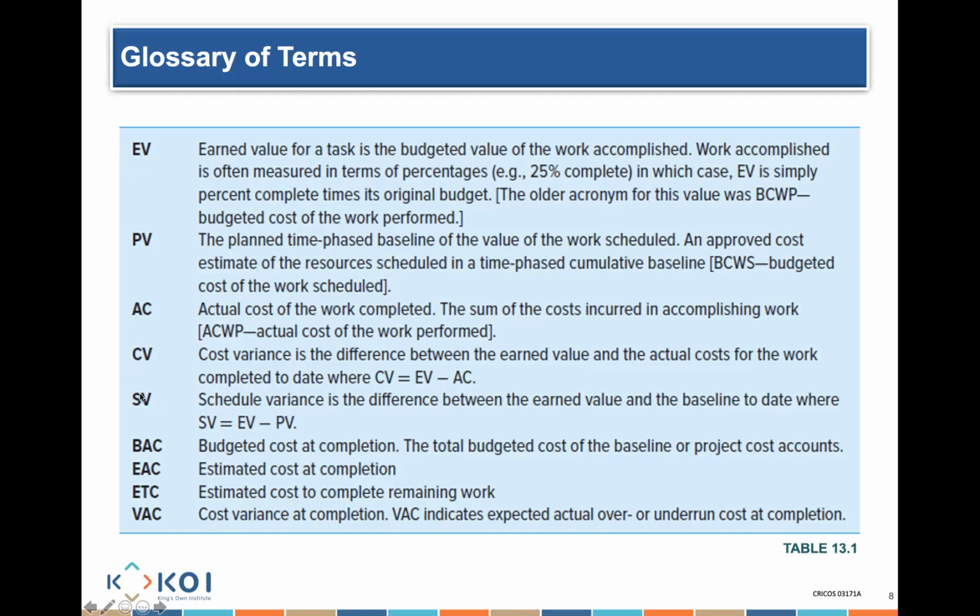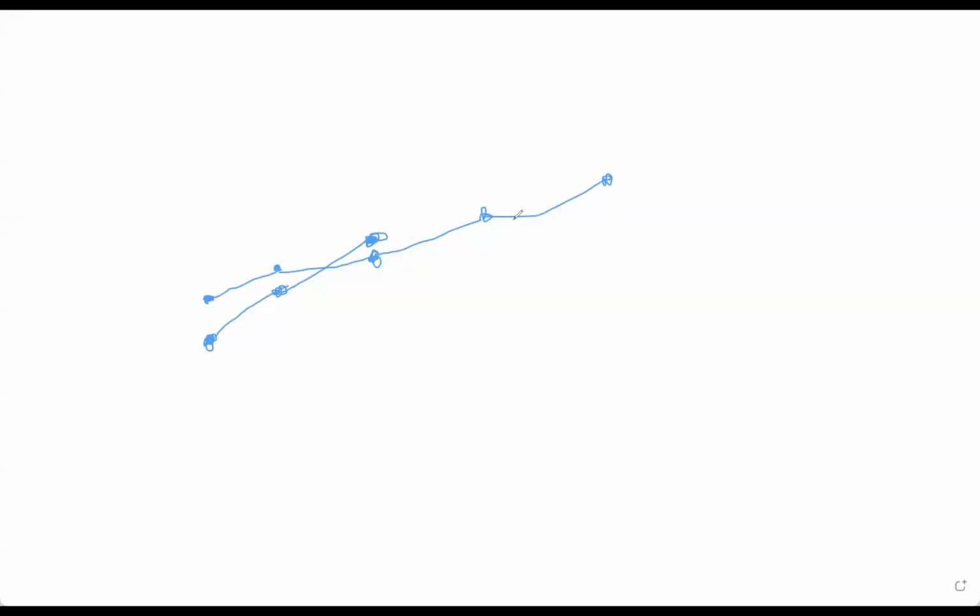Now, there are other formulas that are not listed in this graph, because there are two ways for me to compare my earned value to my planned value. One way is by doing earned value minus planned value, which is what I have here. But another way is I make earned value divided by my planned value, which is what I call schedule performance index.